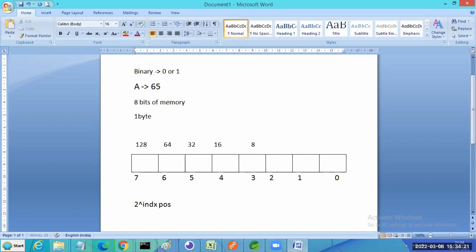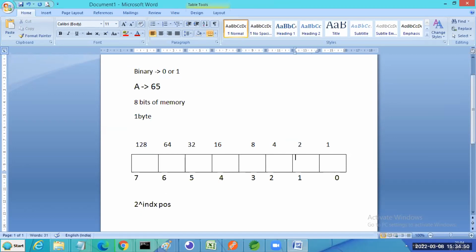Then 8, 4, 2, 1. 2 raised to 0? Anything raised to 0 is 1. All right, super. So this is how we calculate. If 0 is written, we don't calculate the number. And if 1 is written, we add the number above it.